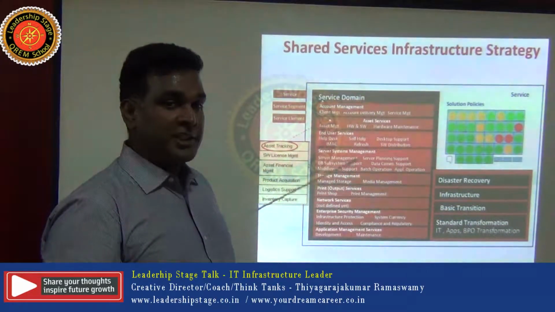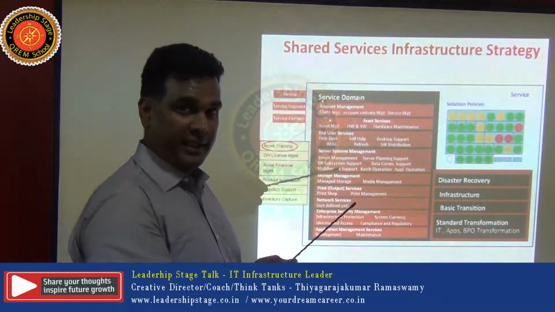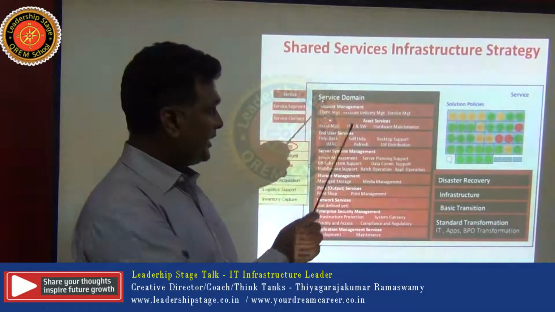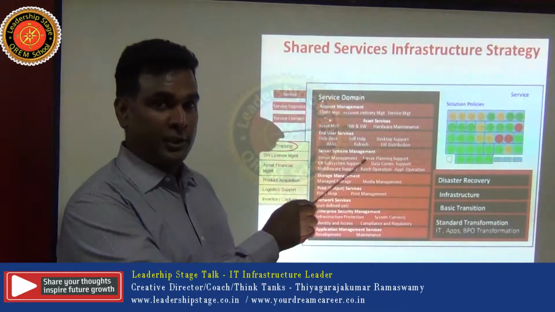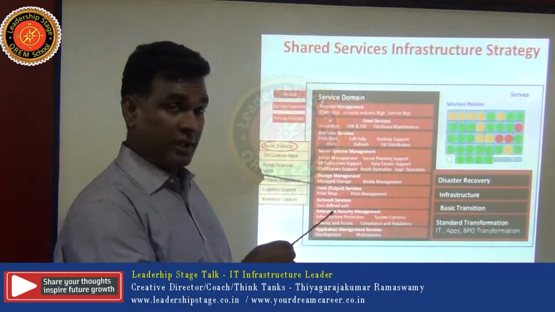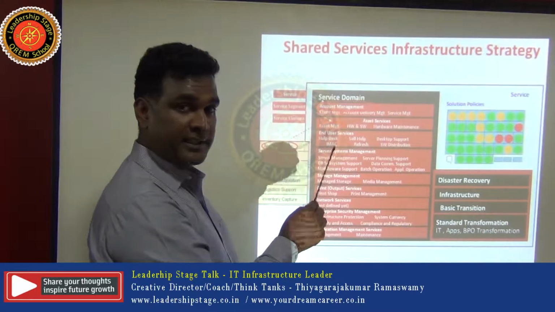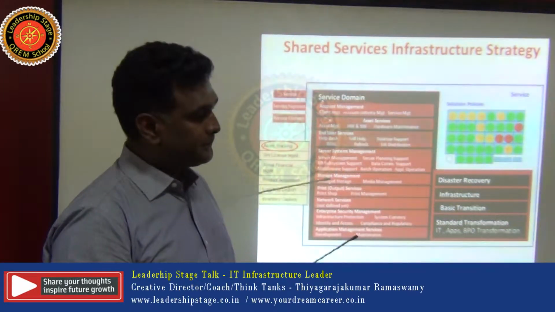So when we're designing a shared services organization, what's important is we're going to take each of the service domains and ensure that you apply an ITIL framework that we have seen in the last presentation, to ensure that each of these service domains complies by that seamlessly.